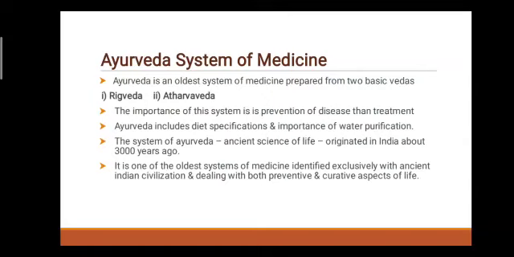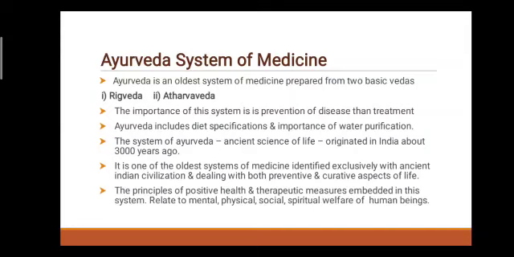It is one of the oldest systems of medicine identified exclusively with ancient Indian civilization and dealing with both preventative and curative aspects of life. The principles of positive health and therapeutic measures embedded in this system relate to the mental, physical, social, and spiritual welfare of human beings.